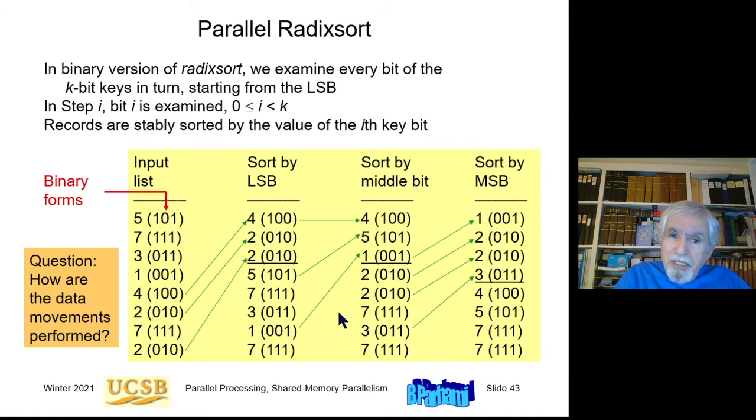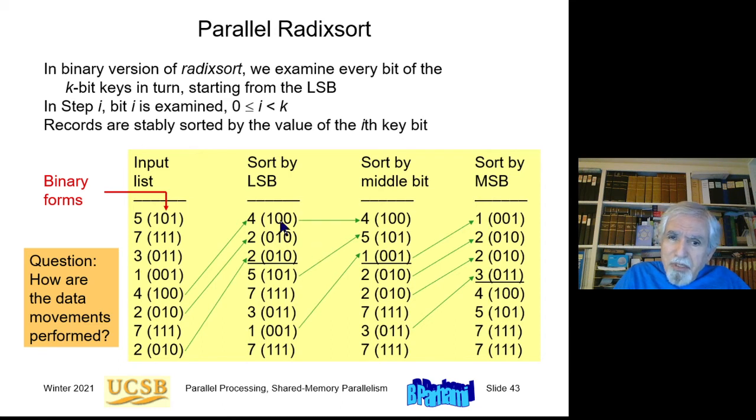In other words, the first item that has least significant bit equal to 0 should go there. The second item that has least significant bit equal to 0 should go there, and so on. So the order must be maintained. Similarly for 1, the first item that has least significant bit equal to 1, and so on. Then sort by the middle bit. Okay, the middle bit is 0, 0, 0.